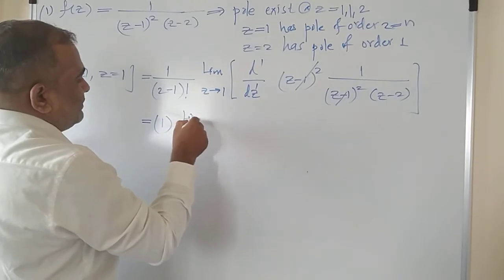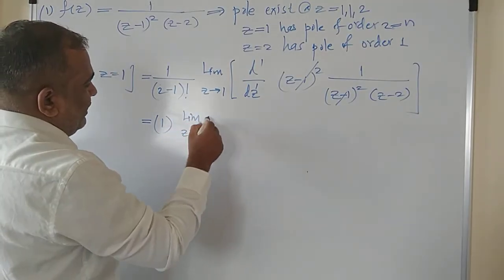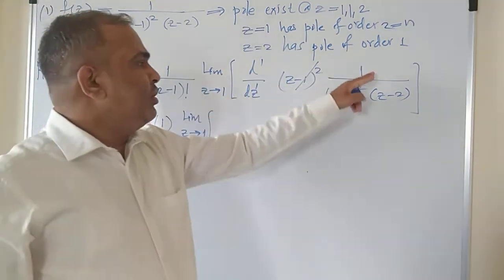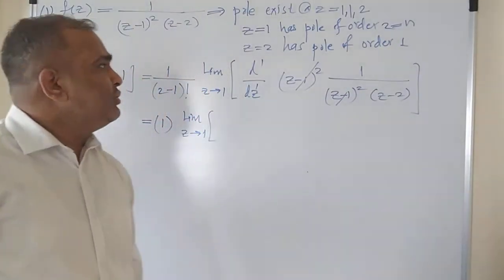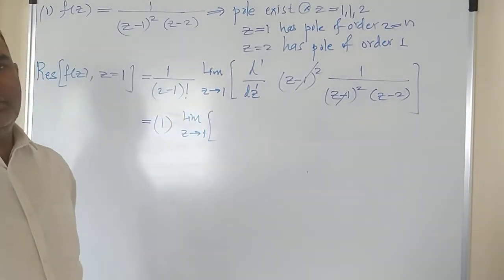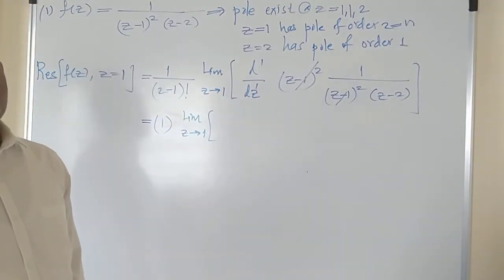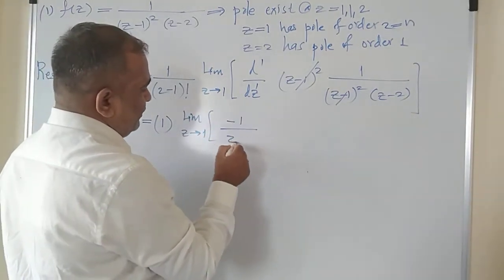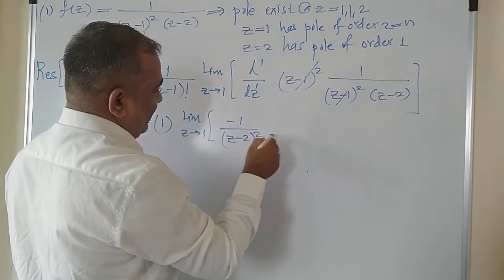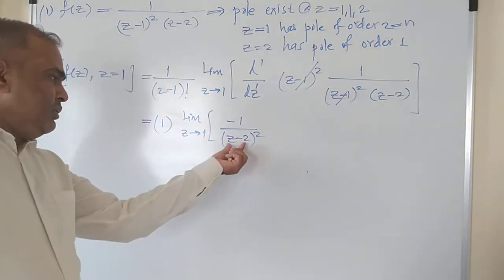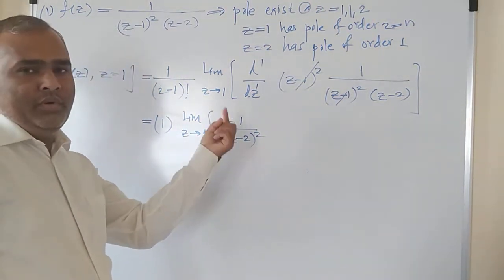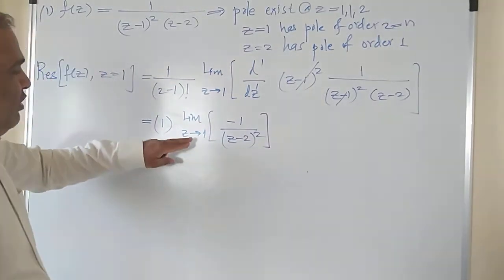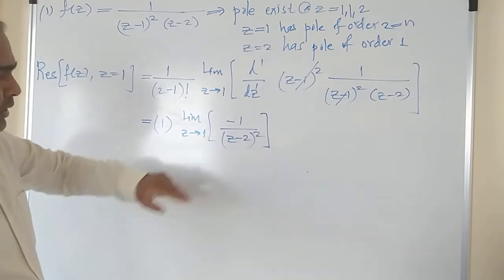Limit z tends to 1, and the first order derivative of 1 upon z minus 2. So 1 upon z minus 2 is like 1 upon x. So differentiation of 1 by x is equals to minus 1 by x square, and here you will get minus 1 upon z minus 2 bracket square, right? Into differentiation of this bracket with respect to z will be 1, right? Now put the value of z equals to 1 into it.